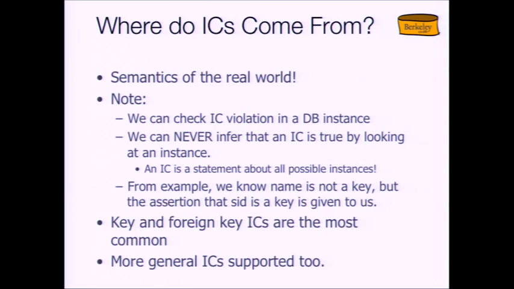You might look at an existing state of the database and say, oh, there aren't any duplicate student IDs, so maybe there's a constraint that says no two students are allowed to have the same student ID. That would be a lucky guess, because you might also look in that same database and see that no two students have the same address. So then you might say, I've got another integrity constraint: no two students can be at the same address. Well, that would have been a bad guess.